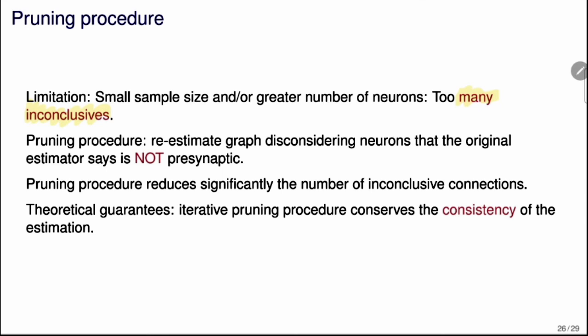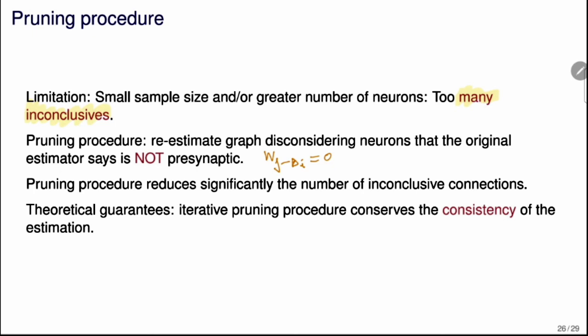In a few words, what we do is re-estimate the interaction graph, disregarding neurons that the original estimator says are not pre-synaptic. So all the neurons j for which the original estimator says W, j goes to Y, is 0, are disregarded, and then we apply our interaction graph estimator to this reduced network.